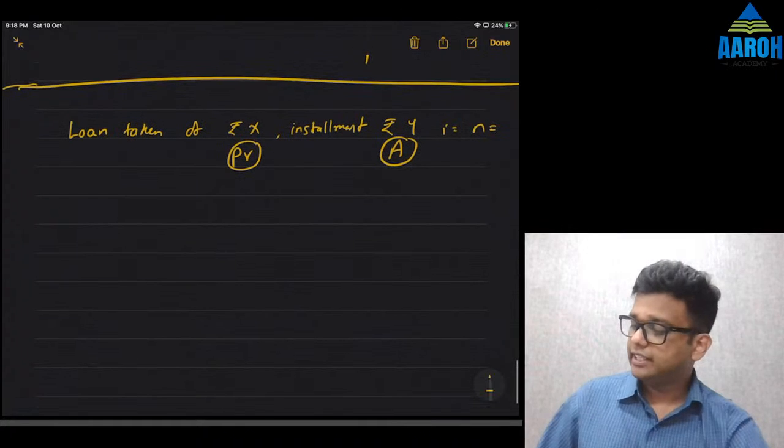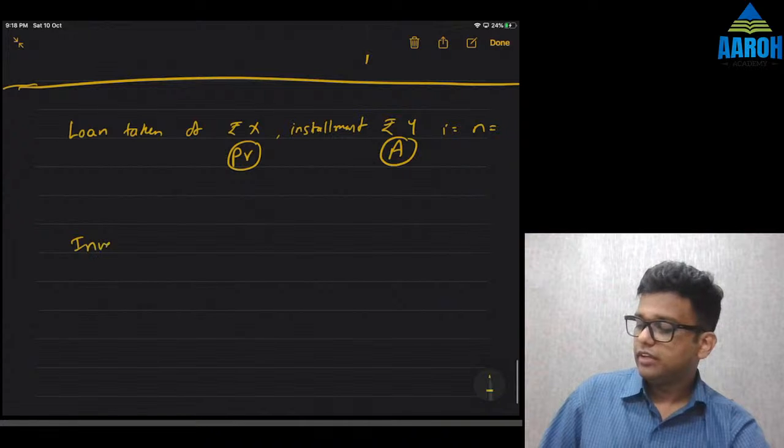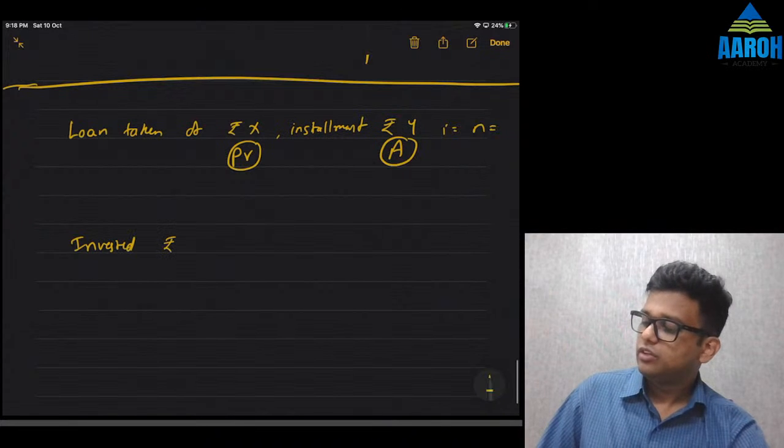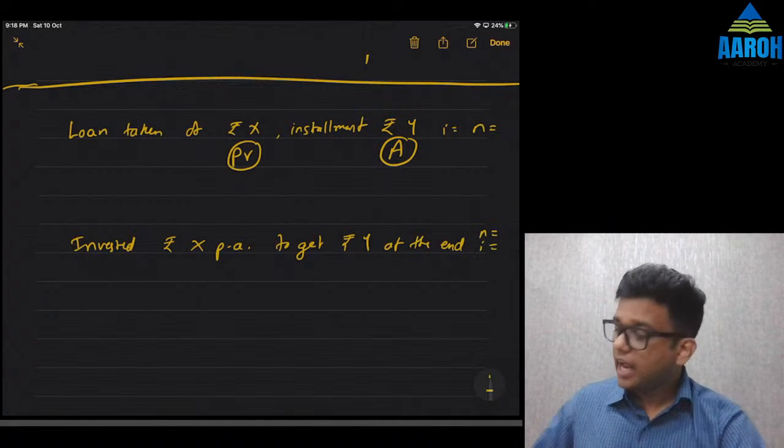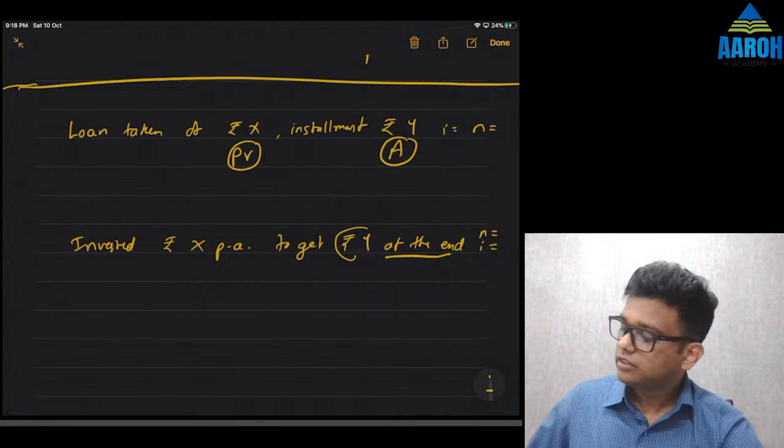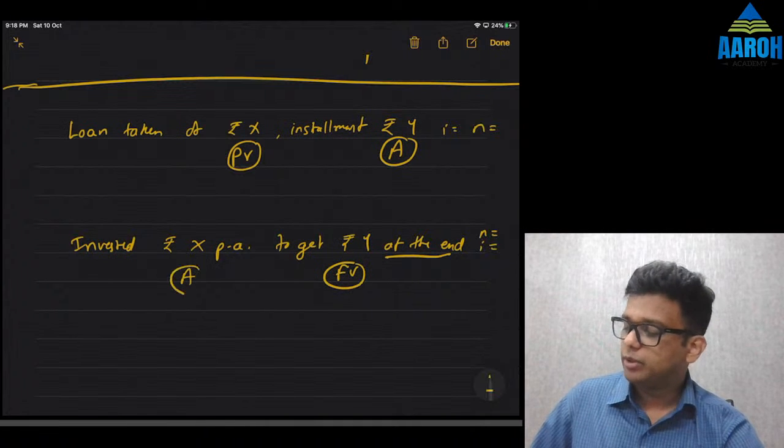If the question is like this: invested rupees X per annum to get rupees Y at the end, N is given, I is given, then at the end means this is future value and this is the annuity amount.